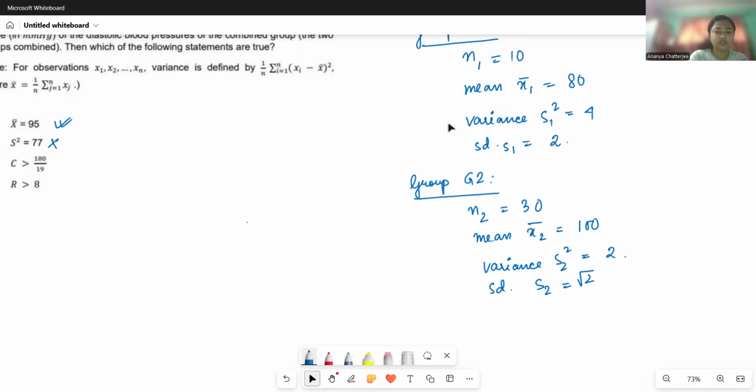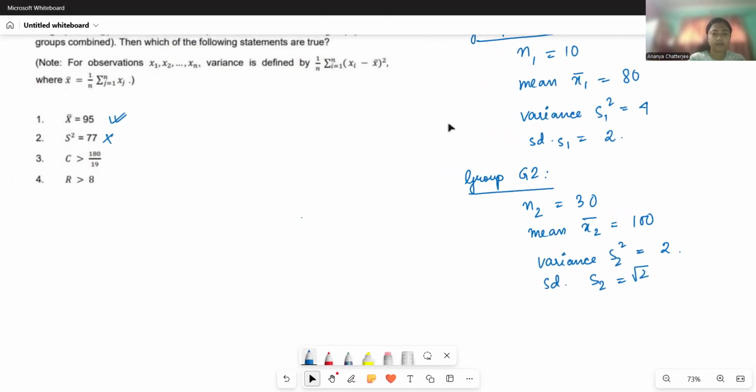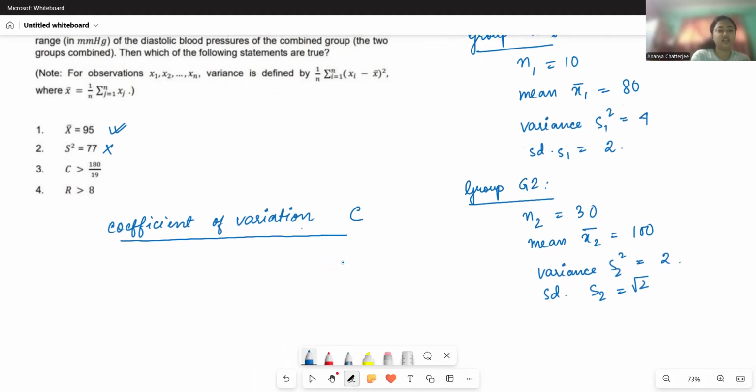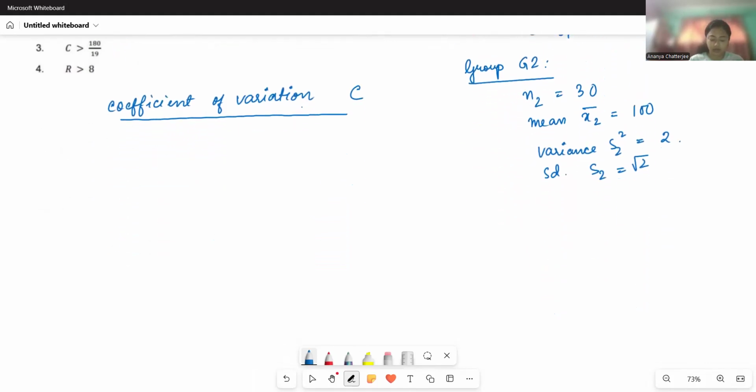Now the coefficient of variation in percentage, that is C. How do we see this?